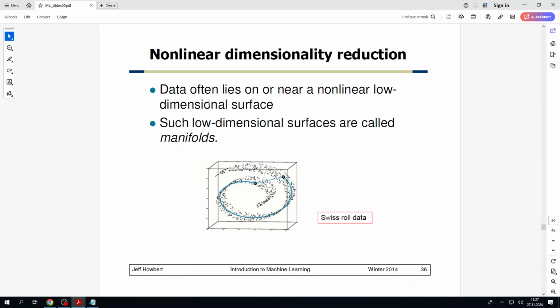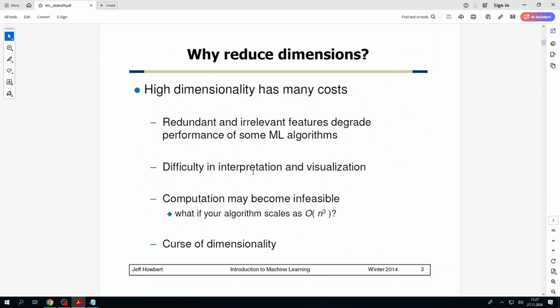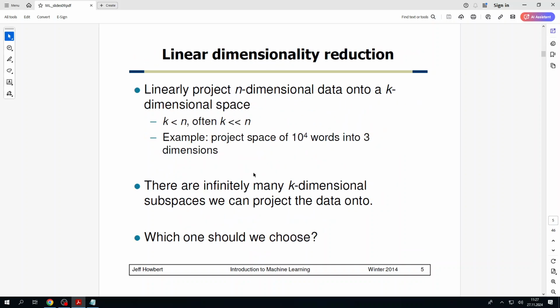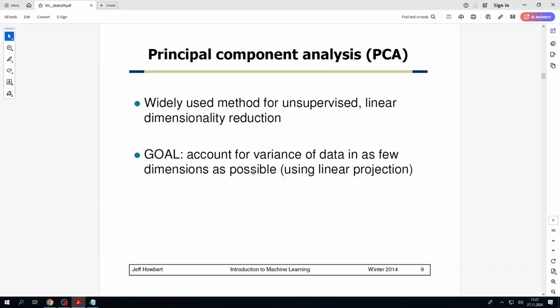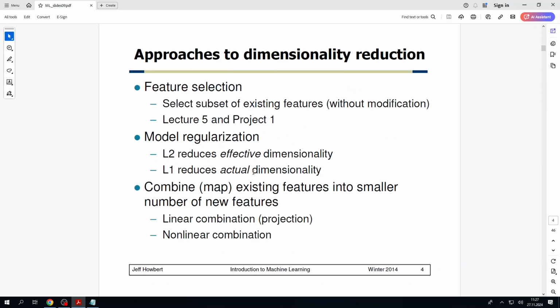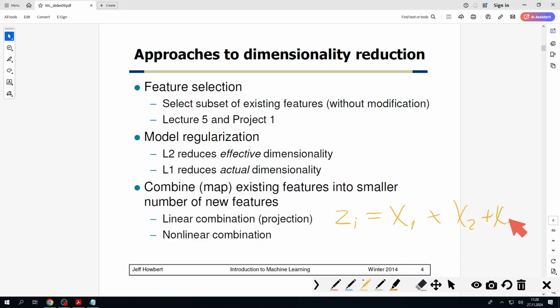principal component analysis. Now, all of these methods that we have covered so far were linear ones. Linear combinations, meaning that your output, let's call it Zi, actually was a certain combination of x inputs: x2, x5 maybe, x7, and so on.